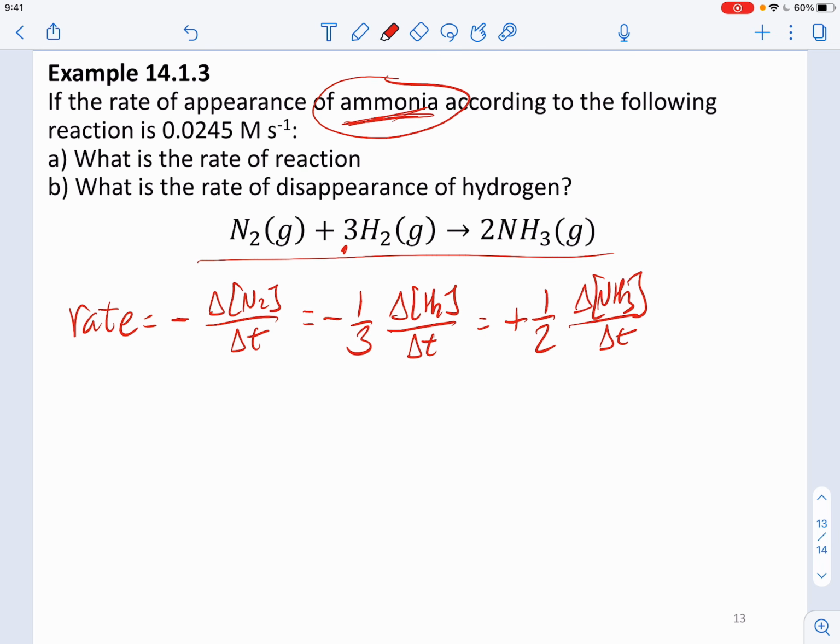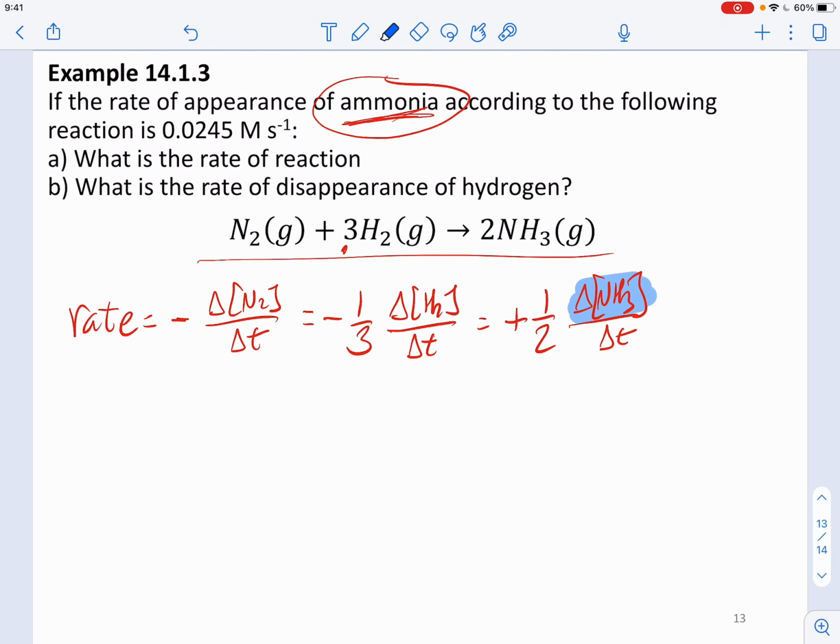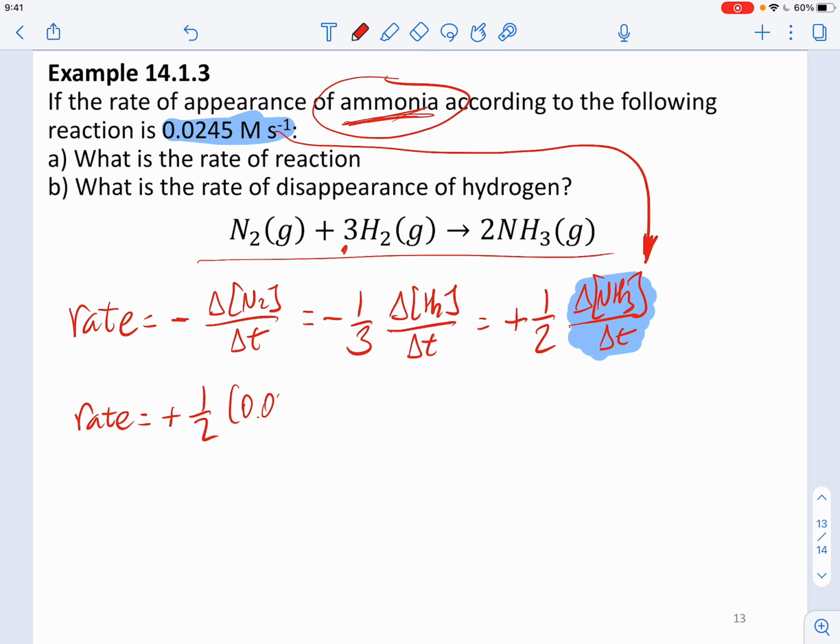Now the term that we have is this one. This value that you have here is just that. That doesn't include the half that you have there. Therefore, rate is equal to plus 1/2 of 0.0245.